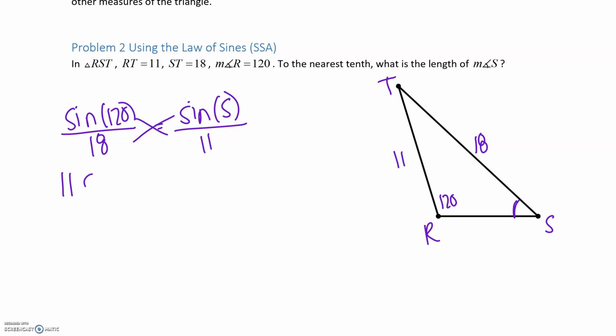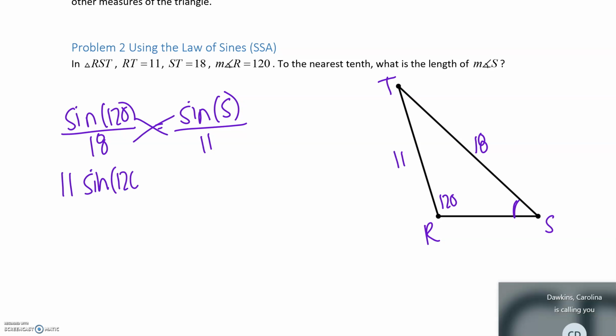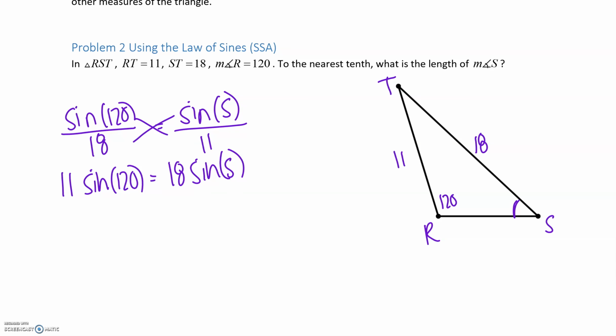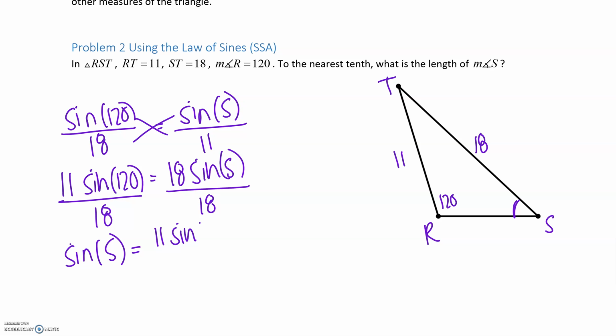That leaves us with 11 sine of 120 equals 18 sine S, and we are going to divide both sides by 18, which leaves us with sine of S equals 11 sine of 120 over 18.